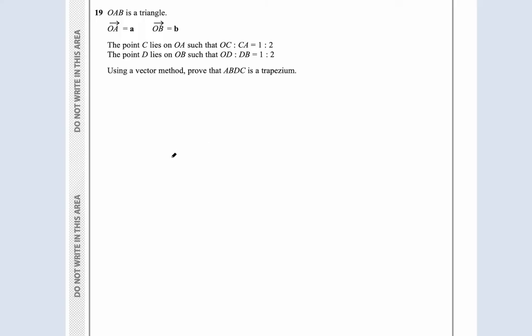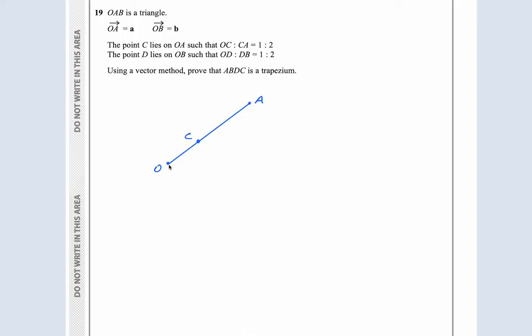Okay, first let's do OA. So this is O, and this is A. O to A is little a. It says point C lies on OA such that OC to CA is 1 to 2, so let's put C about there.